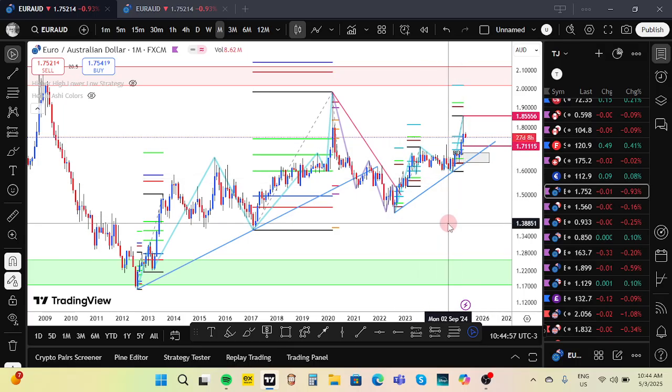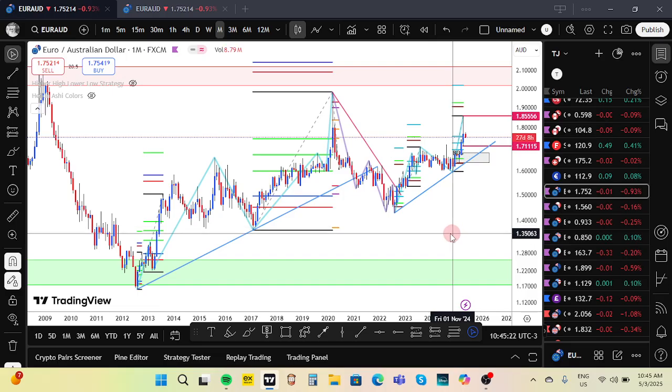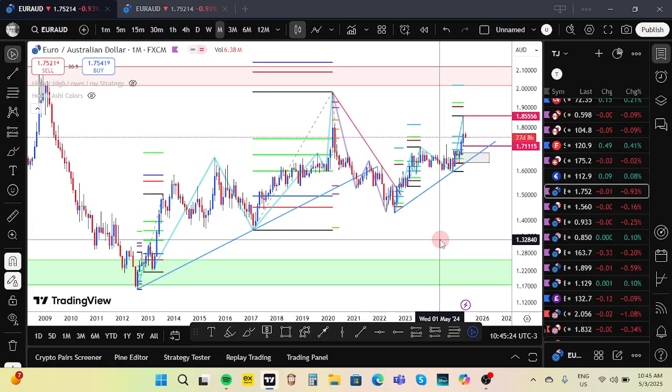What I really want to talk about is market structure. We have a bigger market structure, a smaller market structure, and then what I call the medium, or should I say the inner structure? Let me just put it that way: the inner structure. These are basically what I want to talk about.